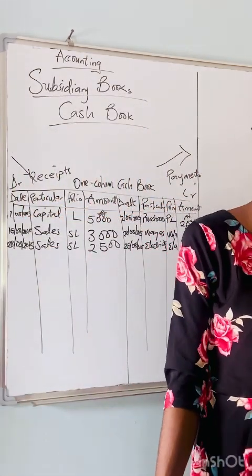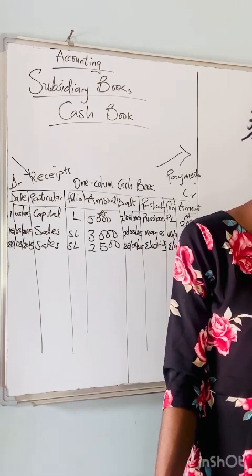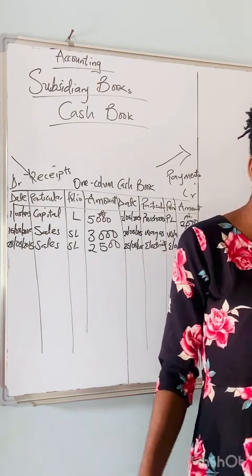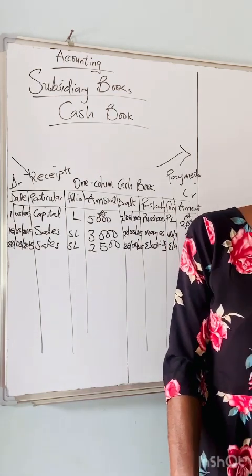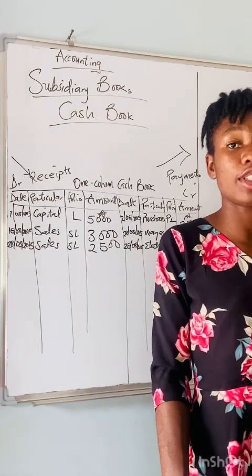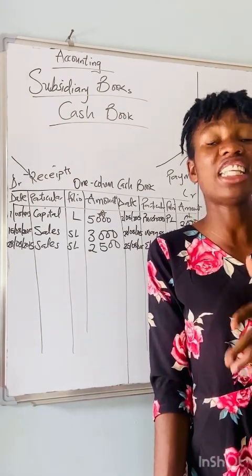We also have the last one on the 31st of August. We withdrew cash of 400 naira from the business for private use. When cash is withdrawn for private use, the terminology used there is drawings.